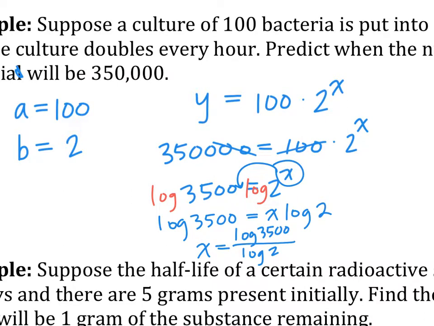Okay, now use your calculator. When you use your calculator, please be careful. Once you press the log button, it's automatically going to open a parentheses. You need to close the parentheses before you divide. If you don't, you're going to take a log of an entire thing and it's going to be wrong.